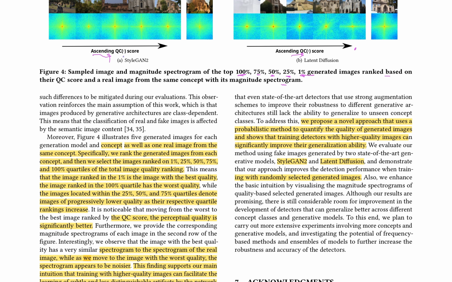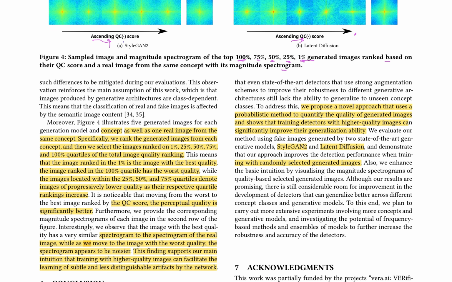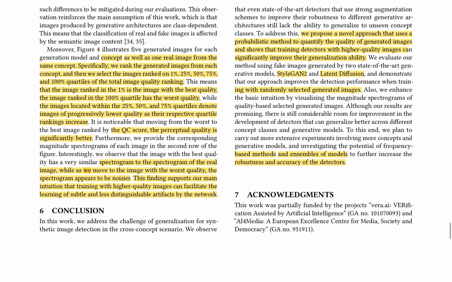Although our results are promising, there is still considerable room for improvement in the development of detectors that can generalize better across different concepts, classes, and generative models. To this end, we plan to carry out more extensive experiments involving more concepts and generative models and investigating the potential of frequency-based methods and ensembles of models, to further increase the robustness and accuracy of the detectors.